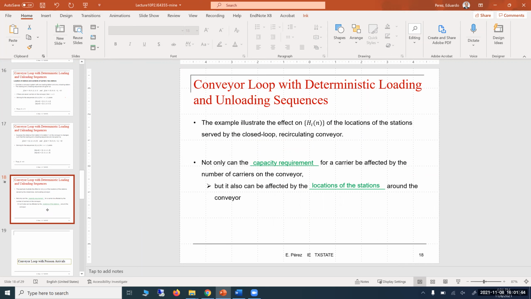So practice this example, practice the next example that I'm going to post on Microsoft Word. And if you have questions, we can also go back to this on our next lecture. But now we're going to transition to a different scenario.